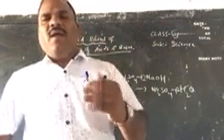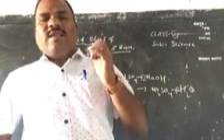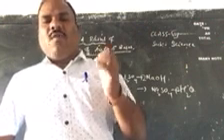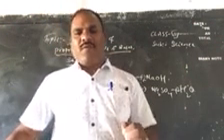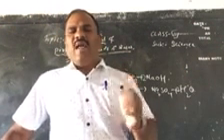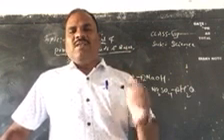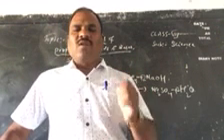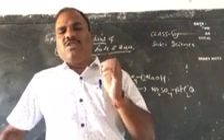Children, I repeat once again. Acidic salts are formed from a strong acid and a weak base, for example HCl plus NH4OH gives NH4Cl plus H2O.